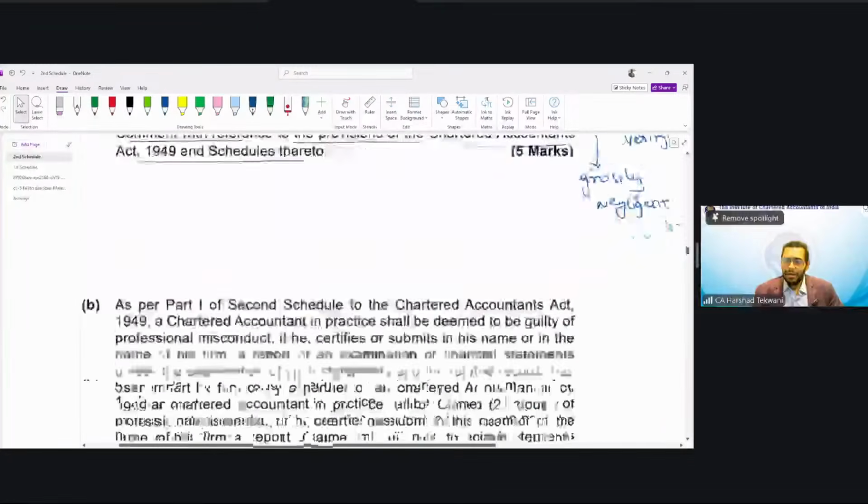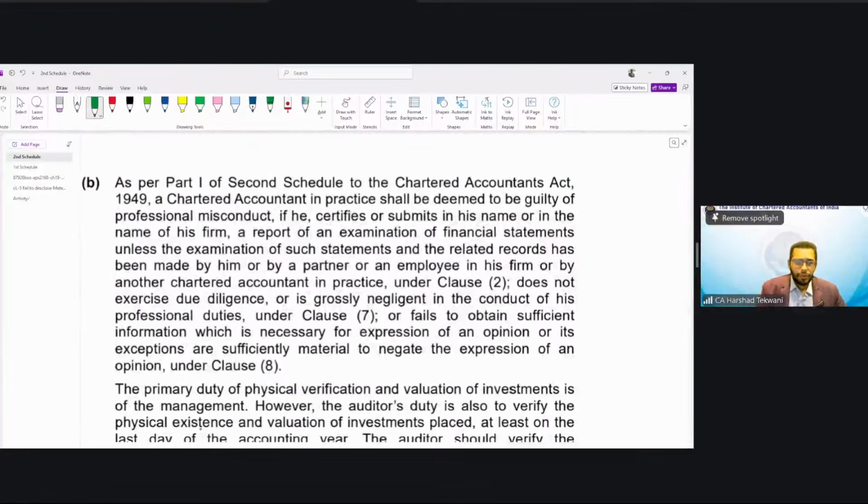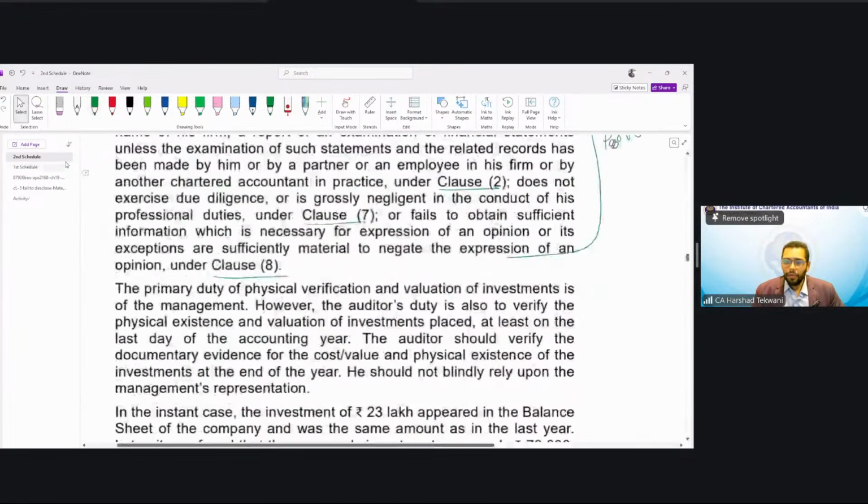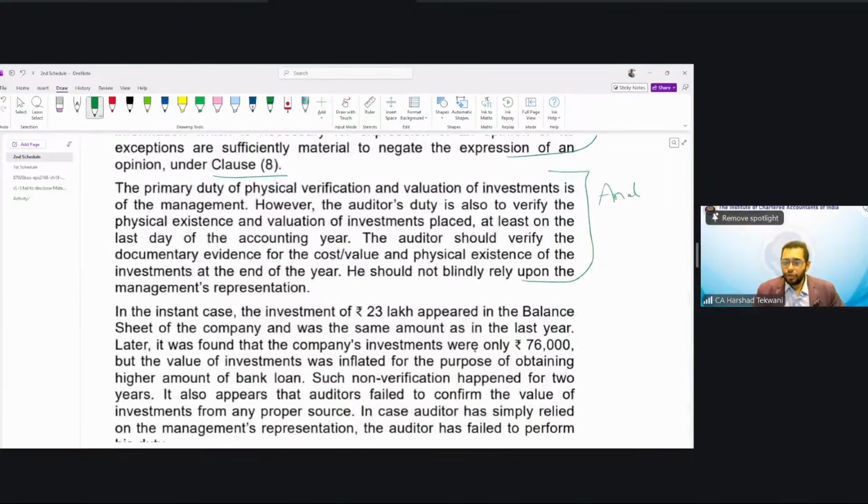And if you see the answer, as per Part 1 of Second Schedule, clause 2, clause 7, clause 8, you need to explain the provision. Then you need to analyze the scenario, what was done, you need to provide the analysis. He should not blindly rely. As I said, always provide what went wrong in your analysis.